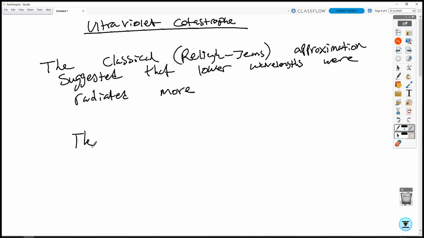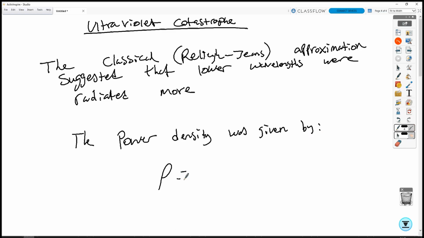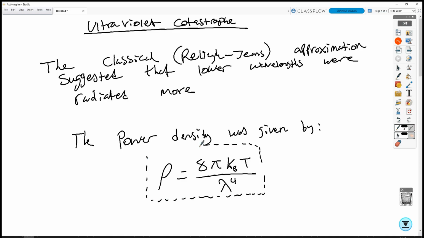So the equation for the power density was given by this. And we'll put that in a dotted box. While it's a very important formula in physics, it's not something you need for your A-levels. We're just going to look at it to gain an appreciation for the problem at hand.